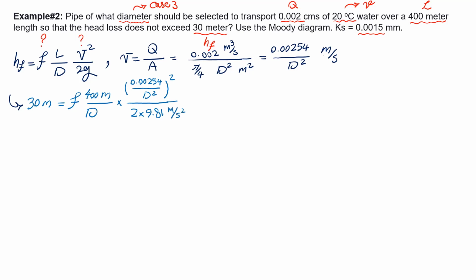Perfect. So now, again, I have two unknown variables over here. One is f, the other one is d, diameter. So I'm going to write this equation in terms of diameter like this.